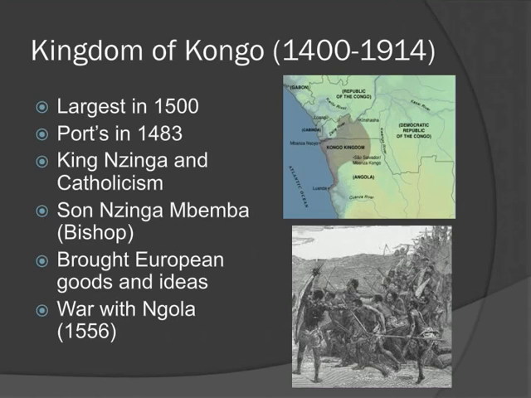He converted to Catholicism, and his son, who was christened Alfonso, was educated in Portugal and came back and was the first black Catholic bishop in world history. The Portuguese also brought guns, horses, cattle, like I said, the printing press, but most importantly, they brought ideas.